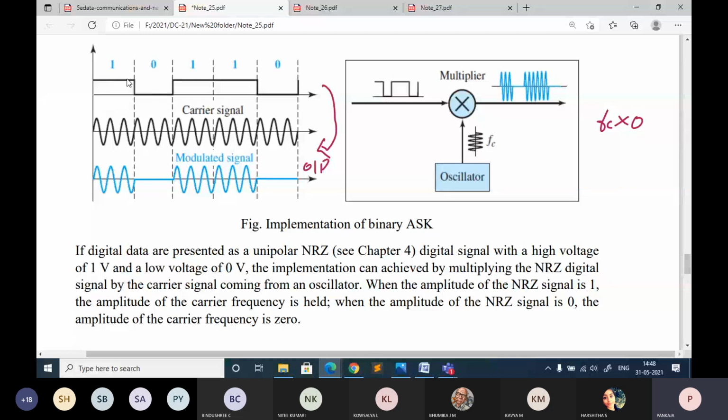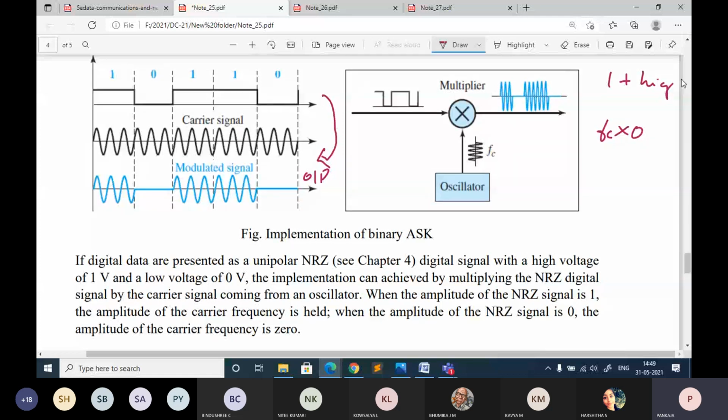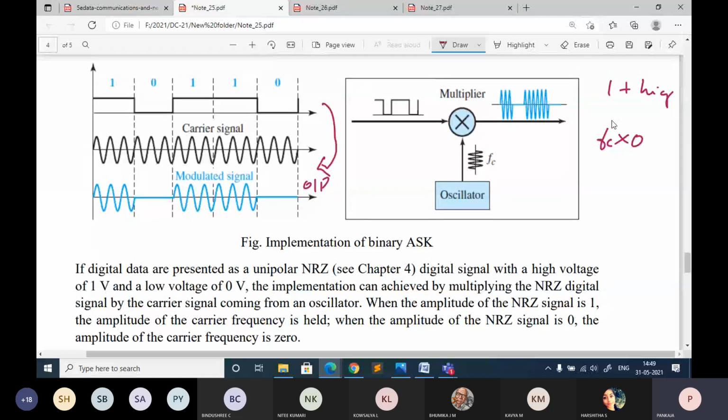For one you are using high voltage, and for bit 0 you are using 0 voltage. In such a case what happens? Whatever frequency you apply, whenever the voltage is 0, the output is going to be 0. Yes, no?